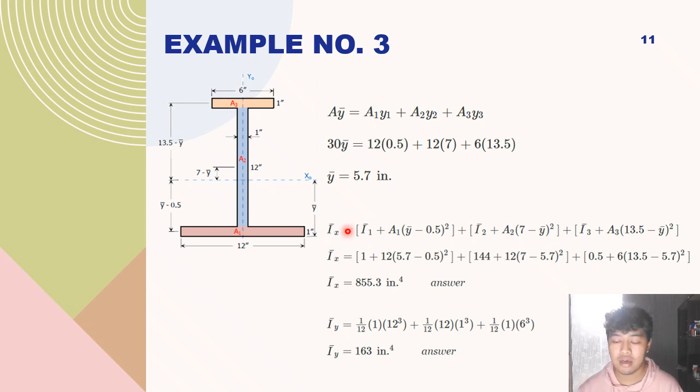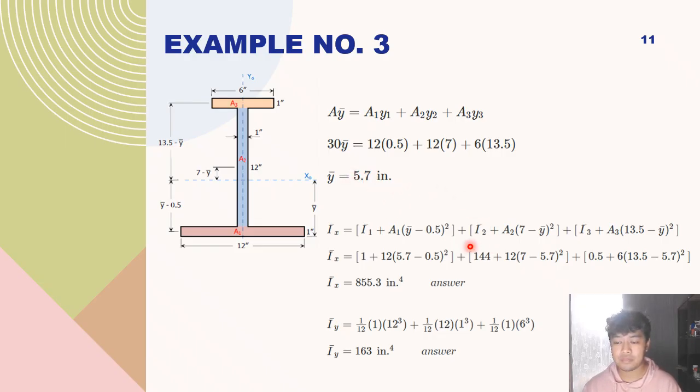Now, what we have to do is a summation of all using the formula for moment of inertia. So we have here I1 plus area 1 times the distance. Again, for area 1, our distance from the centroid is going to be y-bar minus 0.5. We all know the value of y-bar, that is already 5.7 inches.